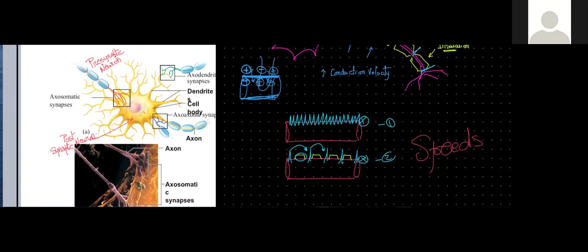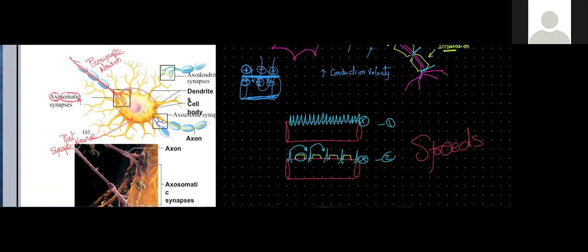So how can I connect two nerve cells to one another? I can connect the terminal ends of the neuron to the cell body of another neuron. We call this an axosomatic synapse. Soma means body. If you're connecting the axon of a nerve cell to the cell body of another nerve cell, it's an axosomatic synapse.